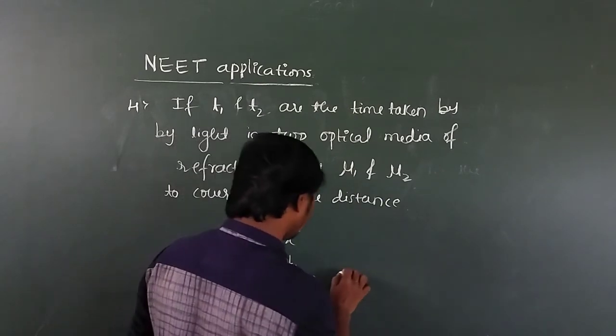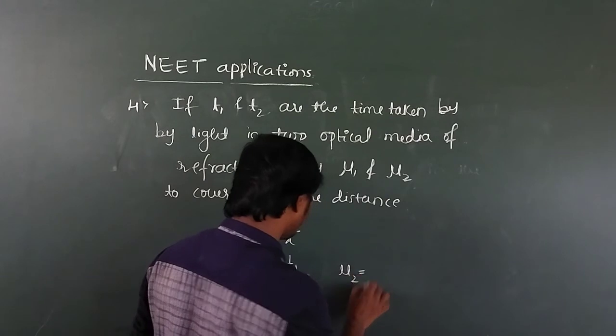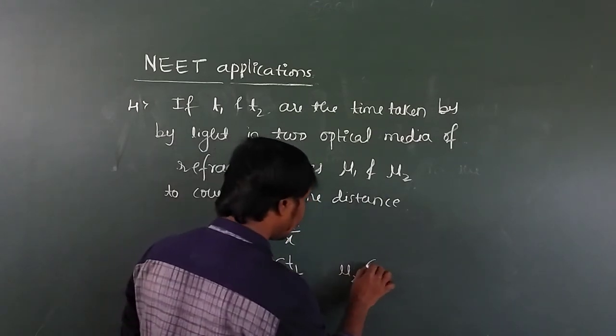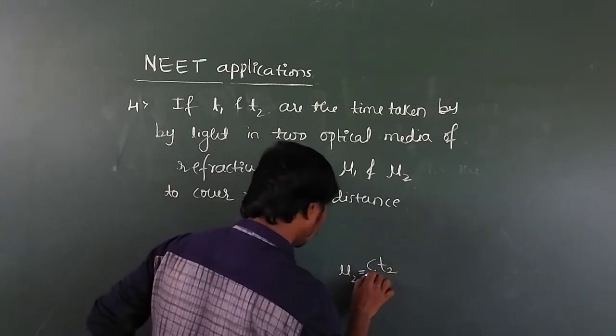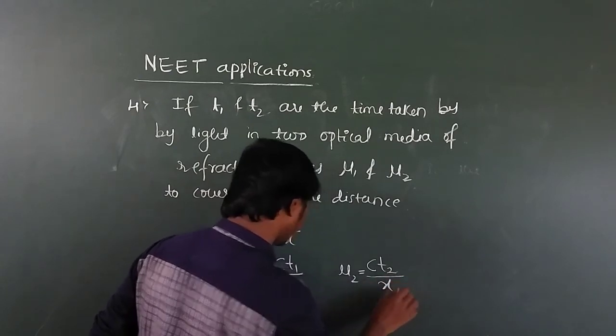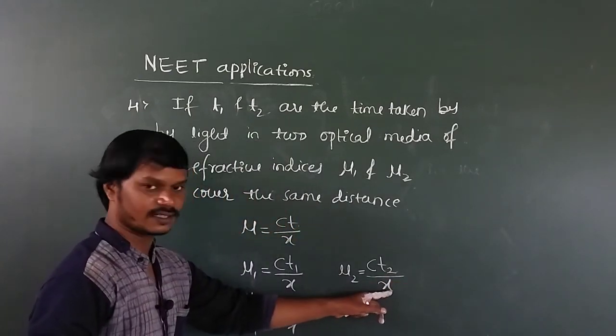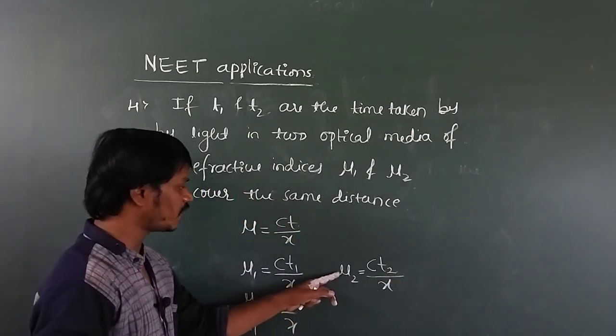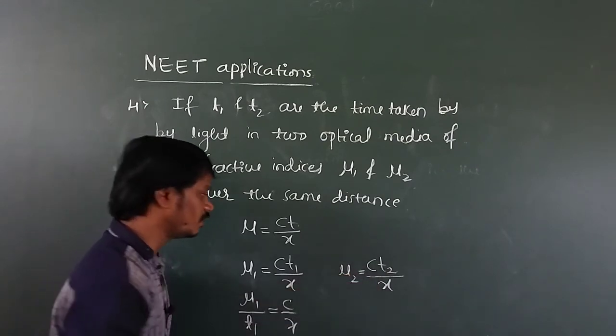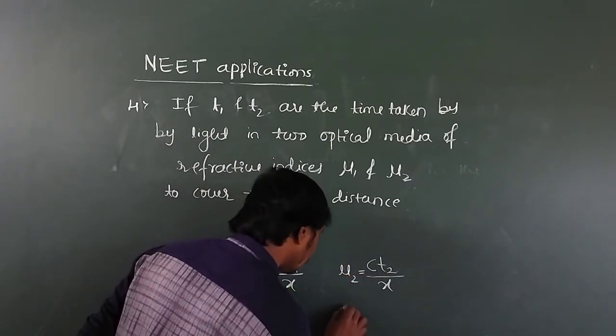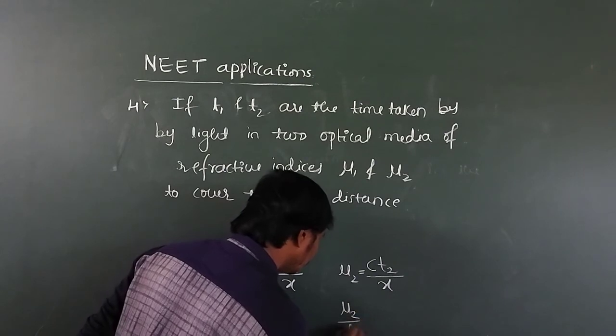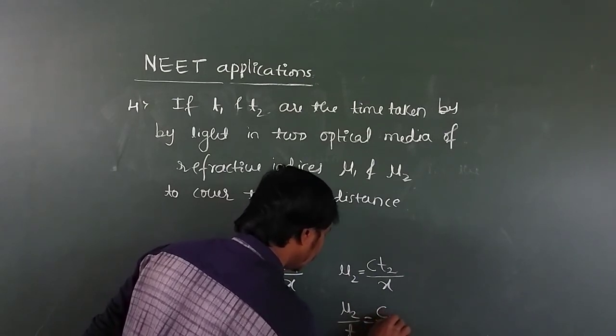Similarly, the refractive index of the second medium, mu2, is equal to c into t2 divided by x, because the distance traveled is the same but the refractive indices and times are different. So mu2 by t2 is equal to c by x.